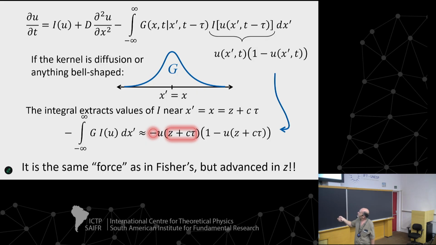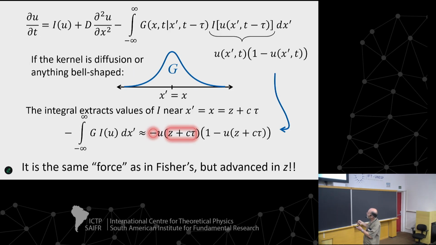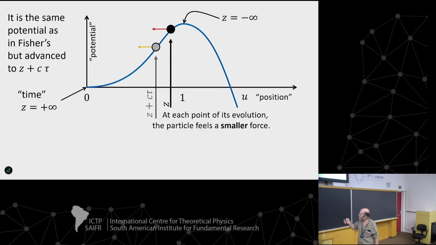So this is the same force as in Fisher's equation, but advanced in the value of the time z, and with a minus sign. So the situation will be almost the same. The particle at each time z would feel the same force as in the case of the Fisher equation, minus the value here, which is advanced in time, which is smaller.